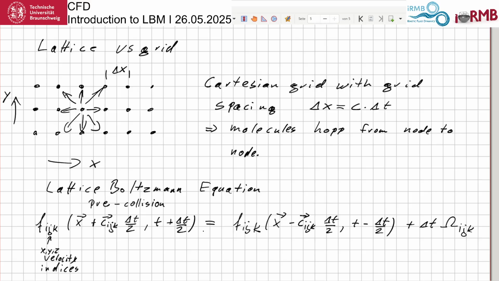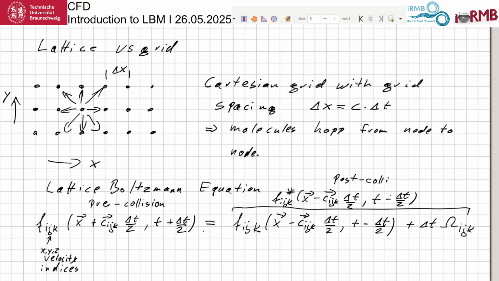And all of this together, if we sum this up, we write with an asterisk, at t plus delta t half and t minus delta t half. So this is the post-collision state.